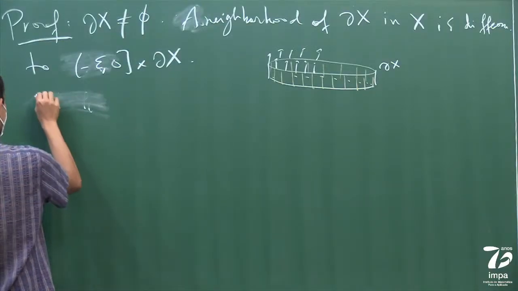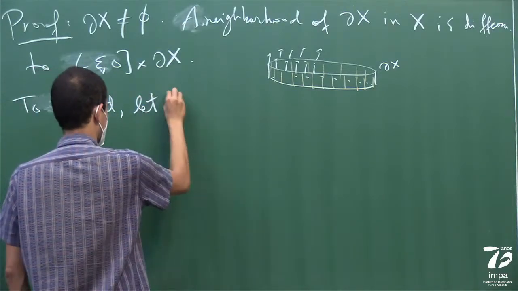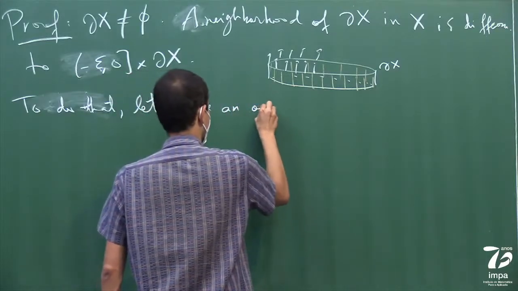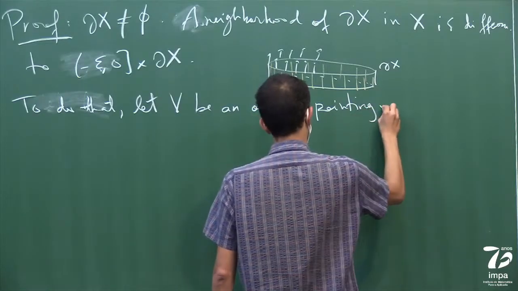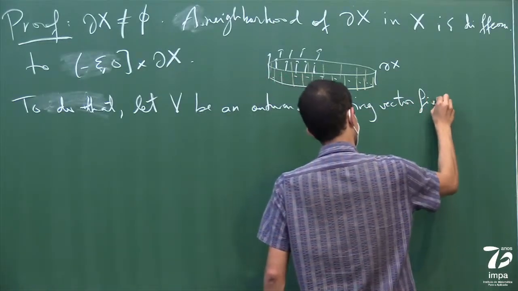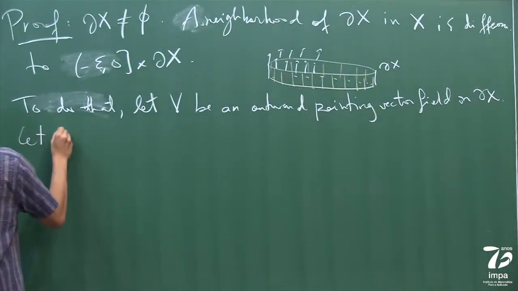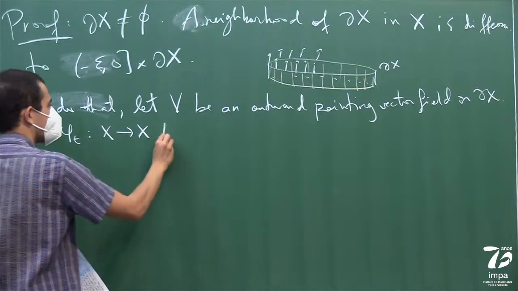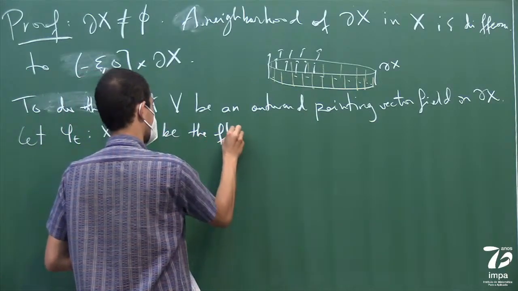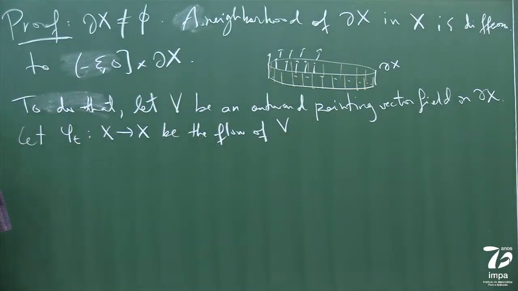So to do that, we let V be an outward pointing vector field on the boundary of X, and you let phi t that goes from X to X be the flow of V. I guess you extend it a little bit. You extend it into X as you want.